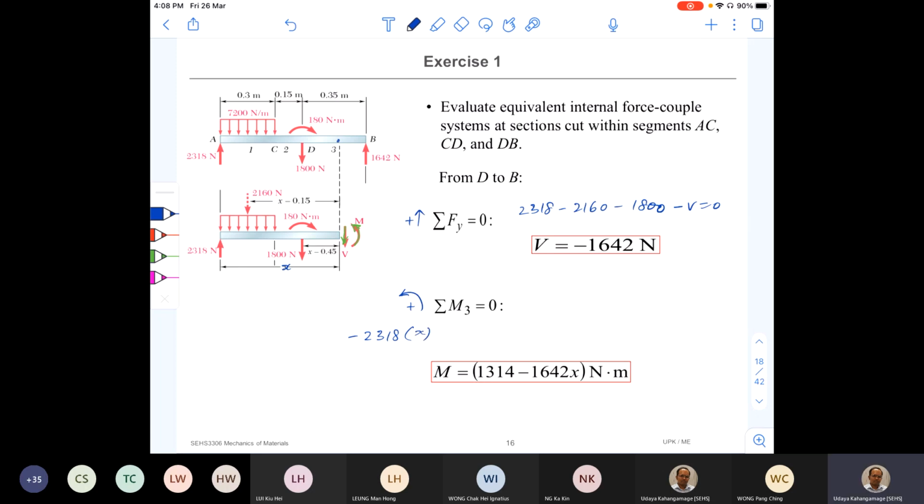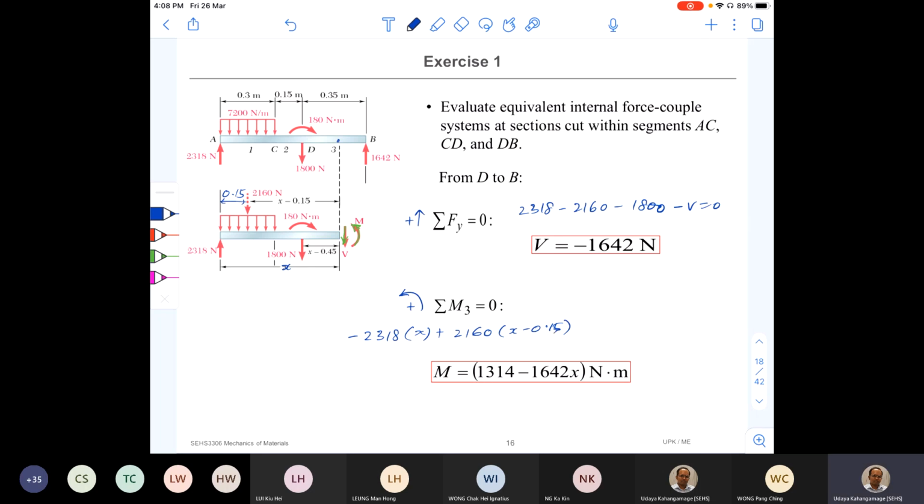And then 2160, our equivalent concentrated load, is going to create a positive moment, right? 2160 and the distance, again, this distance is 0.15, therefore it's x minus 0.15.